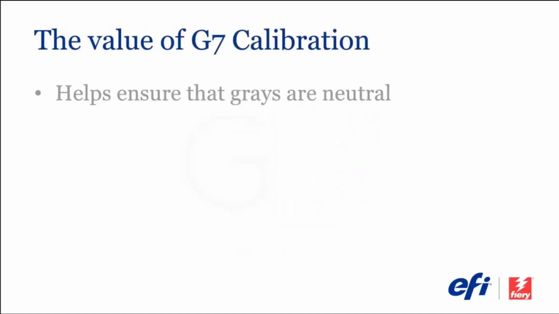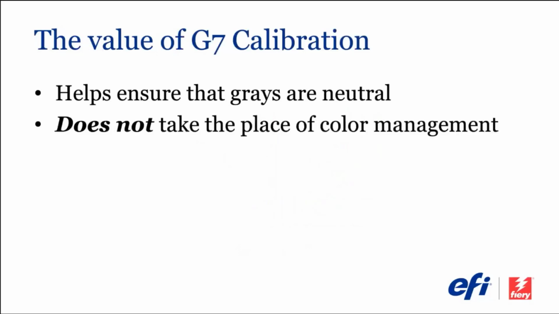And the value of G7 calibration here on our toner or inkjet printers is it can help ensure that grays are neutral. Now, the current version of Color Profiler Suite can perform a G7 calibration, but it does not take the place of color management, okay? We need to control a lot of things in order to perform color management, and the grays and the solids are just part of it, okay?